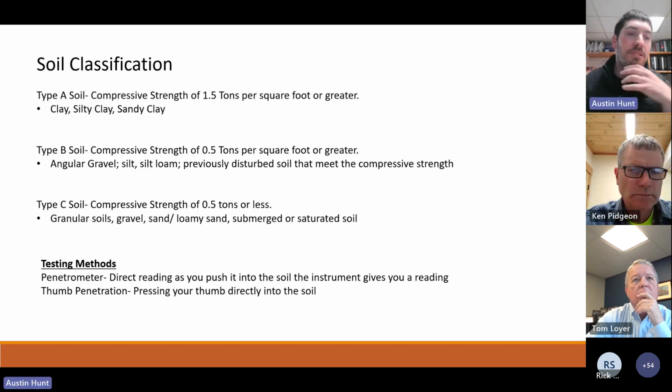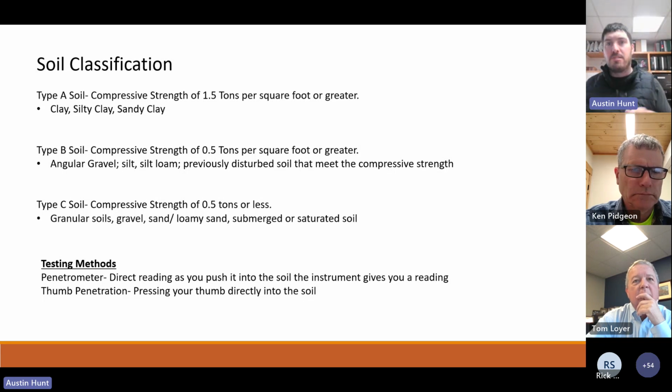Then type B soil would be a compressive strength of greater than 0.5 tons per square foot. This will be your angular gravel, your silty loam, stuff that's not quite clay or gravel that stays together pretty well.